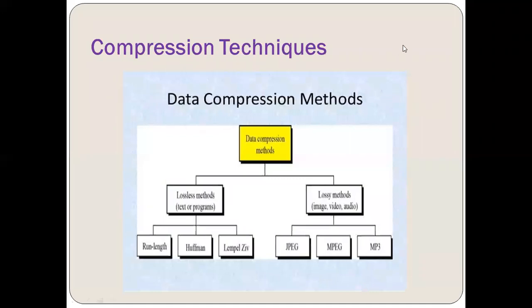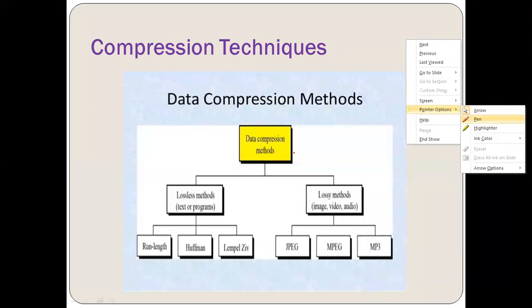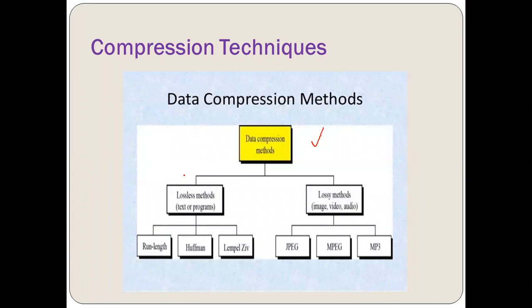So these are the compression methods, or compression techniques, which we have studied here. One is called the lossless method and the other is called the lossy method. The lossless method has examples like text compression or programs, while lossy methods are used for compression of images, videos, audios, etc. But it is not always true that for all types of images we use the lossy method, right?